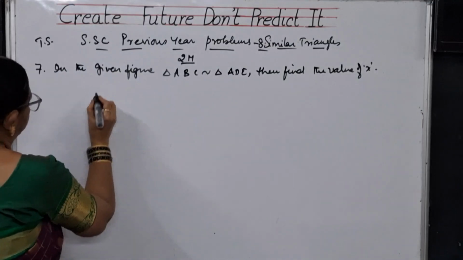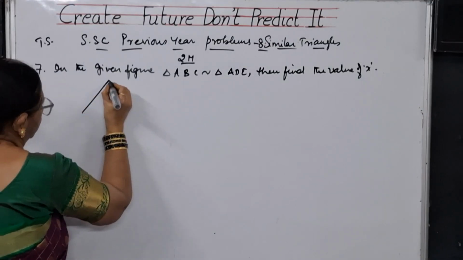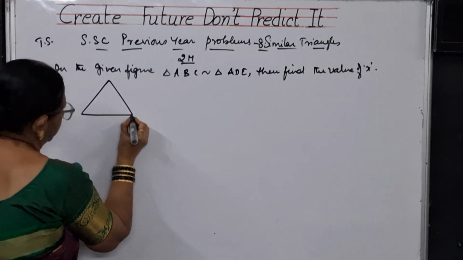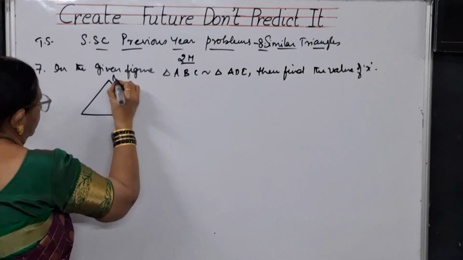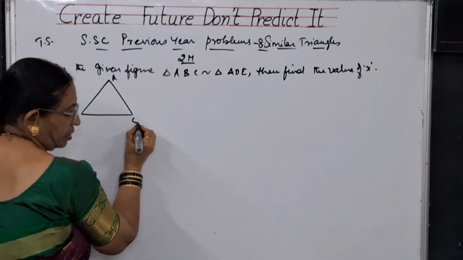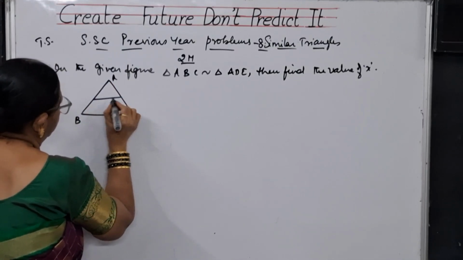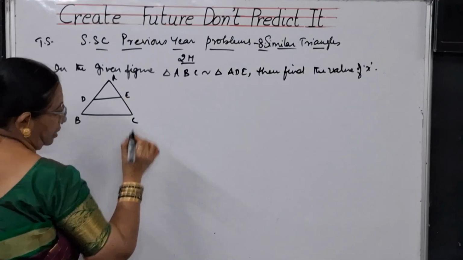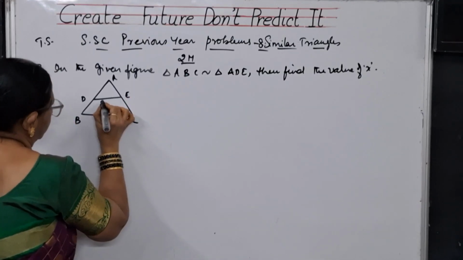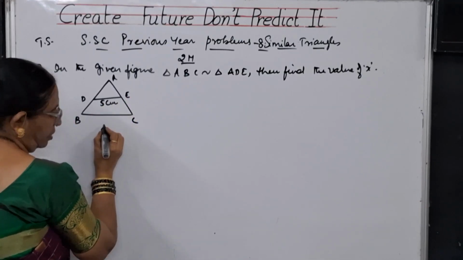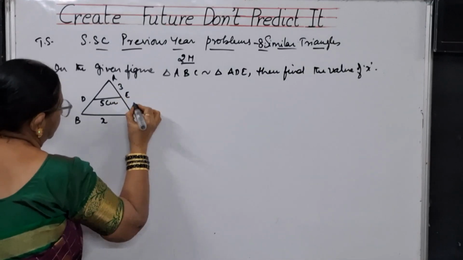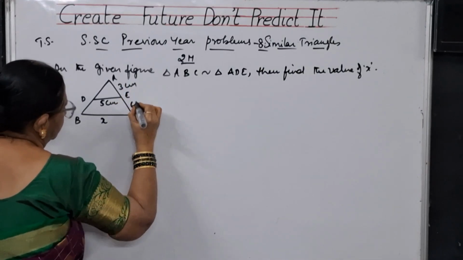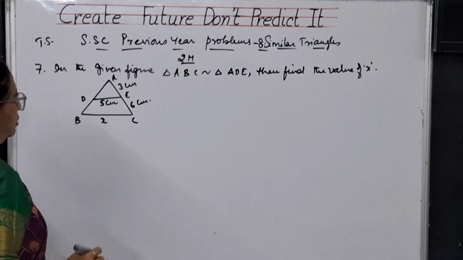So the figure is like this. This is A, B, C and D, E. This is 5 centimeters. This is x. This is 3 centimeters. This is 6 centimeters.